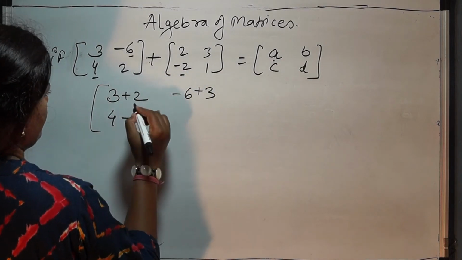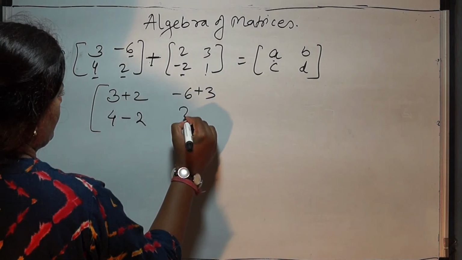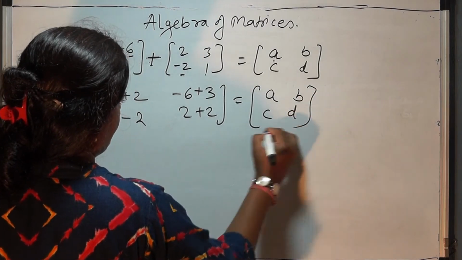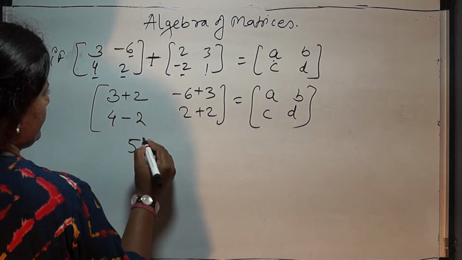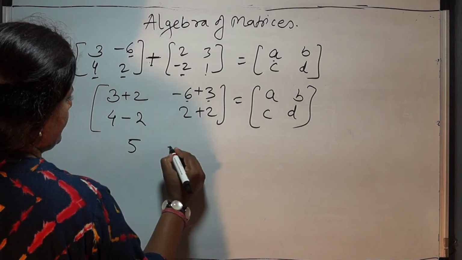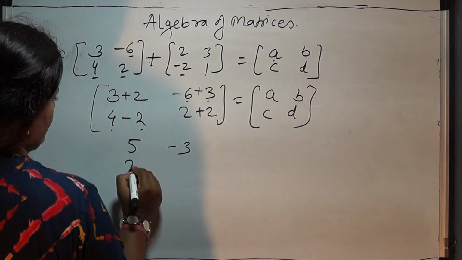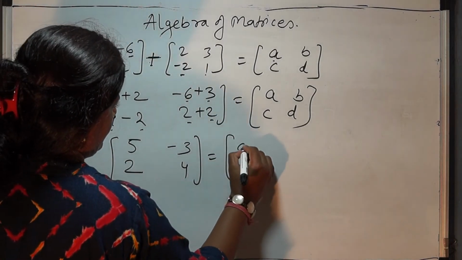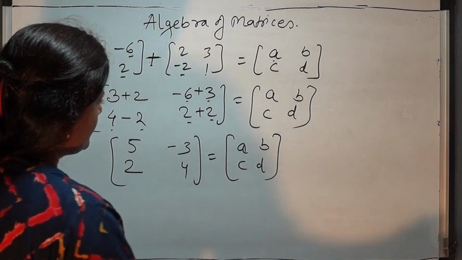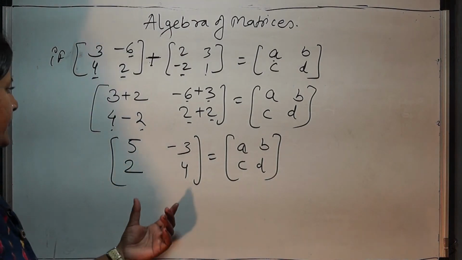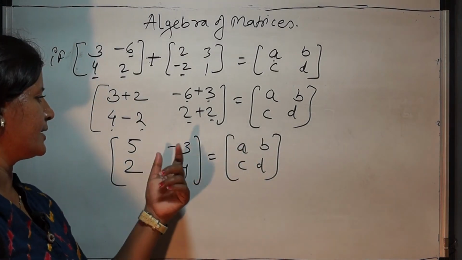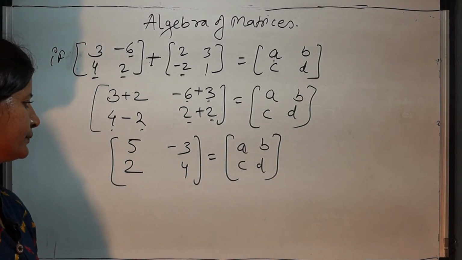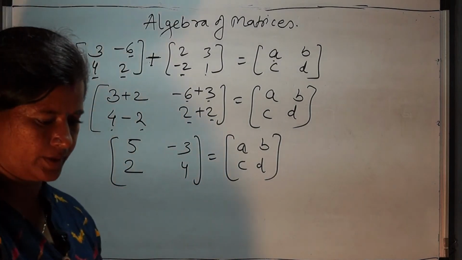So 4 minus 2, 2 plus 2, 2 plus 2, is equal to A, B, C, D as it is. 3 plus 2 is 5, minus 6 plus 3 is minus 3, 4 minus 2 is 2, 2 plus 2 is 4. So it's a 2-mark question. A will be 5, B will be minus 3, C will be 2, D will be 4. Understood? Okay.